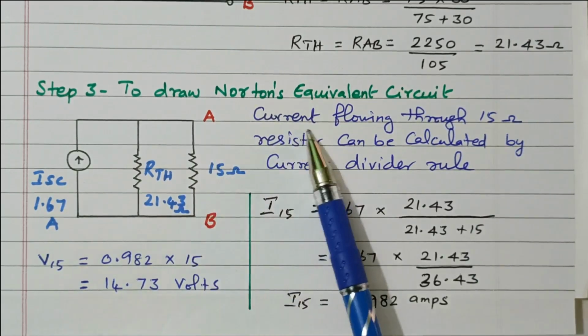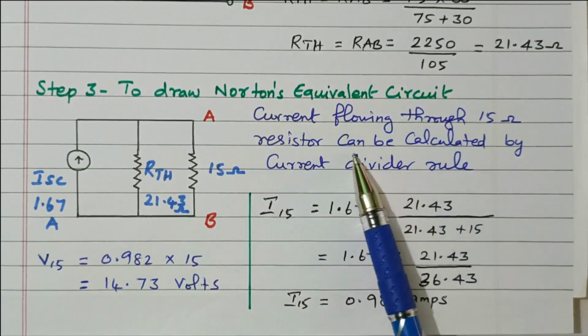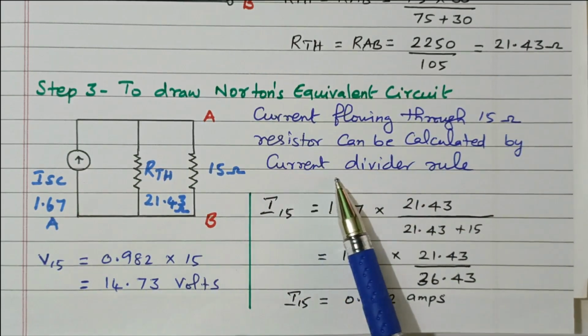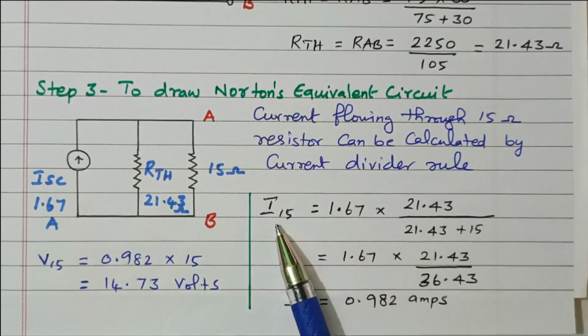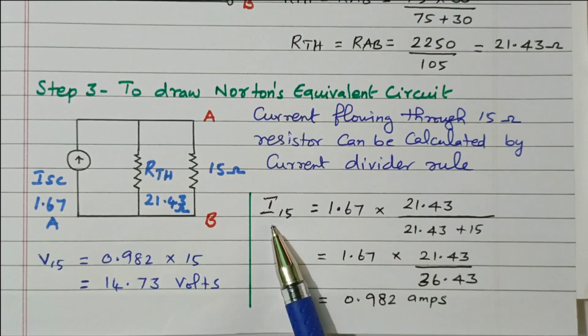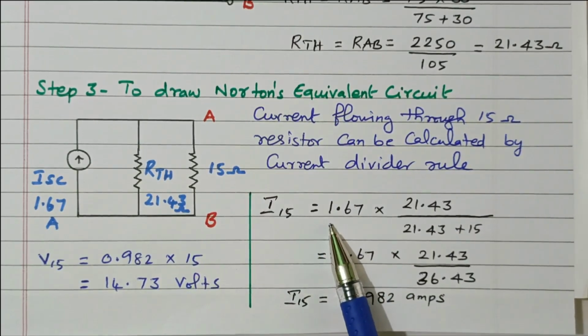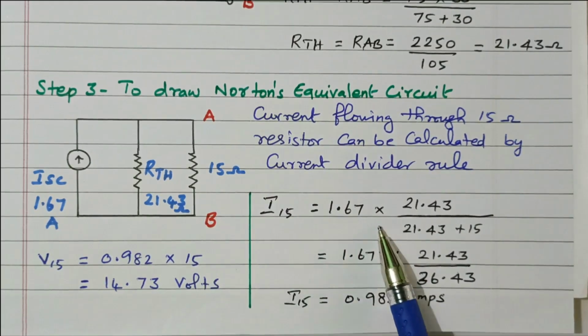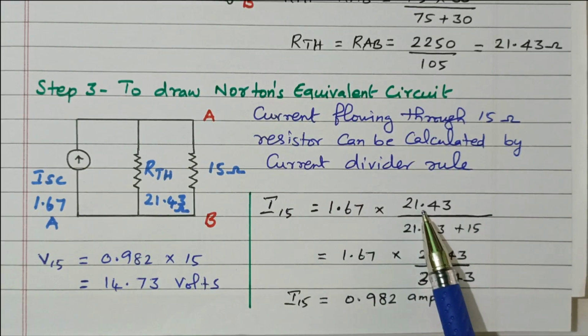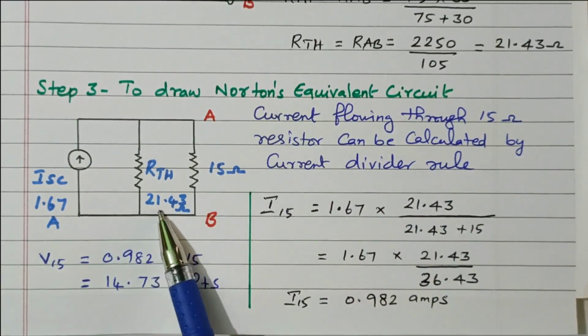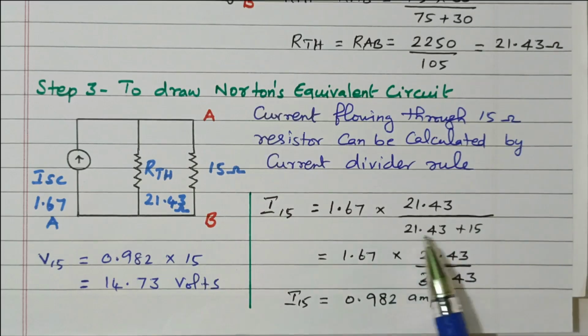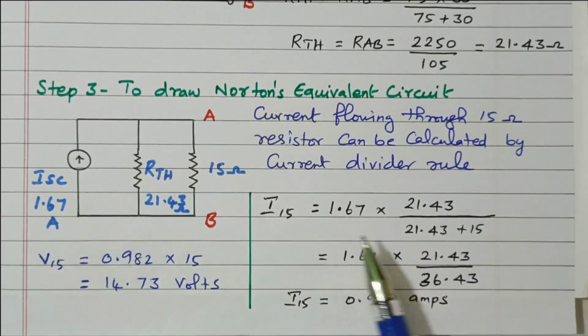resistor. The current flowing through the 15 ohm resistor can be calculated by the current divider rule. I15, the current through the 15 ohm resistor, equals the total current 1.67 ampere into the resistance of the other arm, 21.43, divided by the total resistance, 21.43 plus 15.